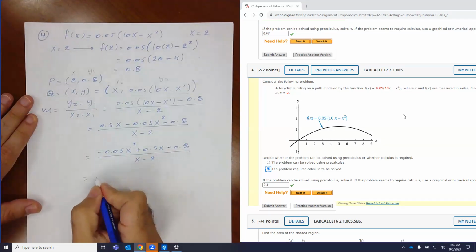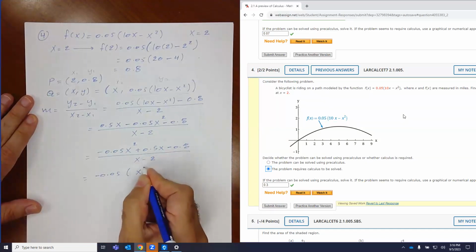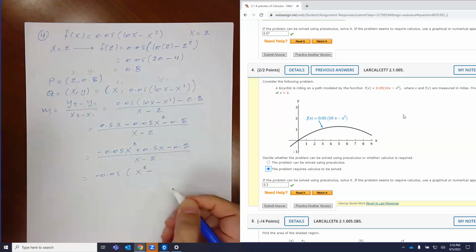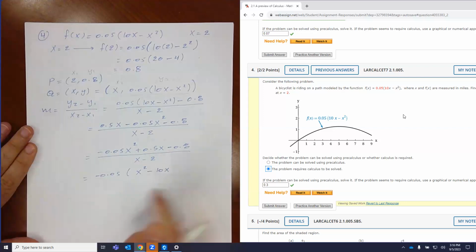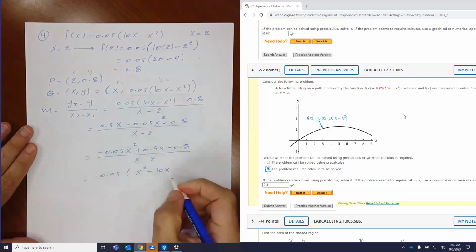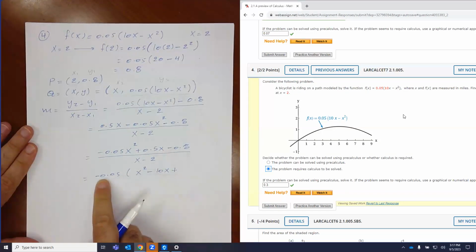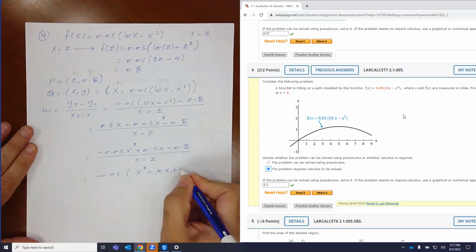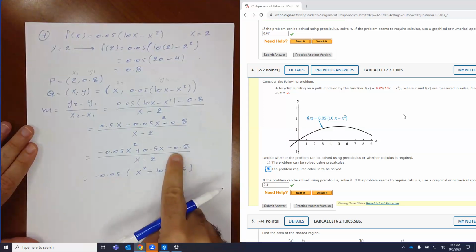Let's take the negative one, so negative 0.05 as a common factor. What's left here is x squared minus 10x, because negative 0.05 times negative 10x is positive 0.5x, plus 16, because negative 0.05 times 16 is negative 0.8.